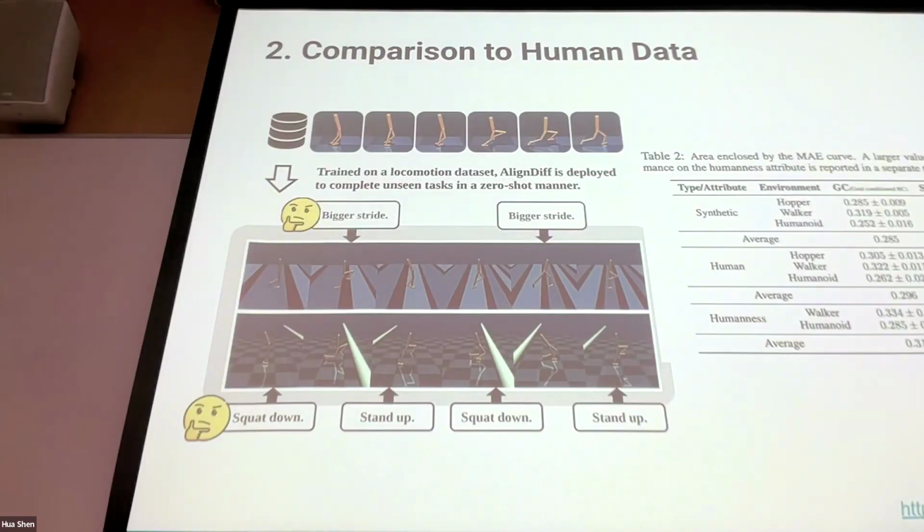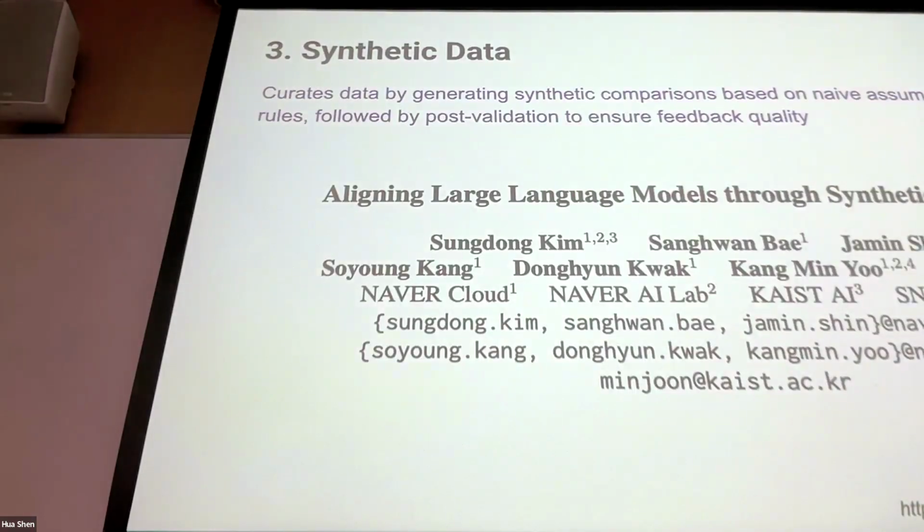And the third one is about synthetic data. Synthetic data is also an emerging important way, given that collecting human data is too expensive and LLMs are generating better and better data.